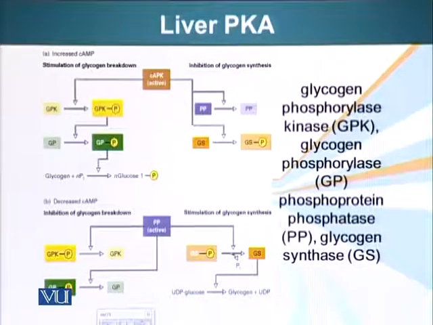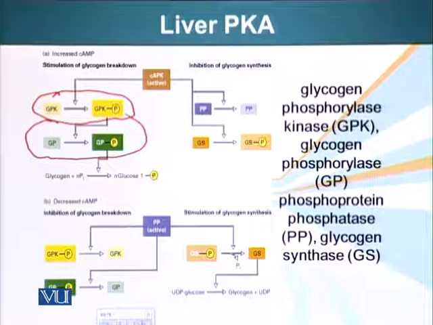One of the things protein kinase A does in liver, for example, once it is activated, is phosphorylate glycogen phosphorylase kinase. It is also an enzyme, and as the name suggests, kinase, it attaches phosphate groups to other proteins. Once GPK, glycogen phosphorylase kinase, is activated, it phosphorylates and activates glycogen phosphorylase.